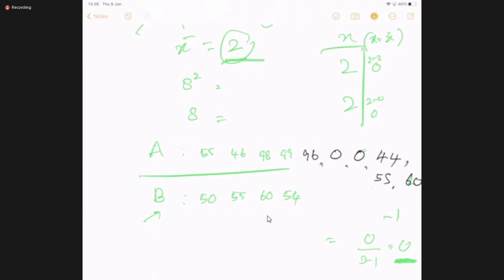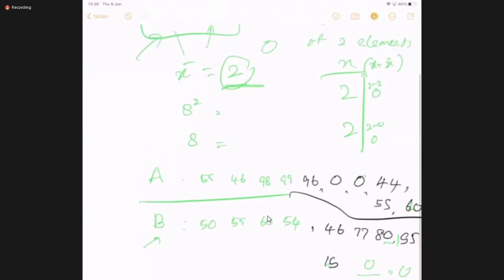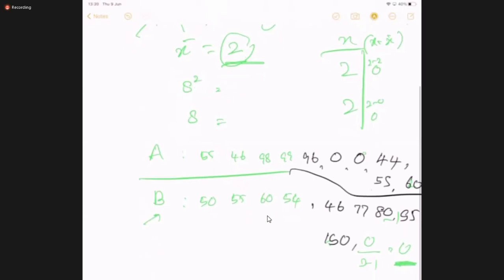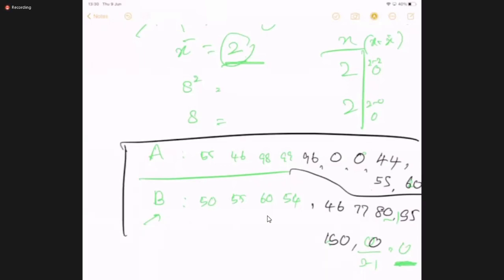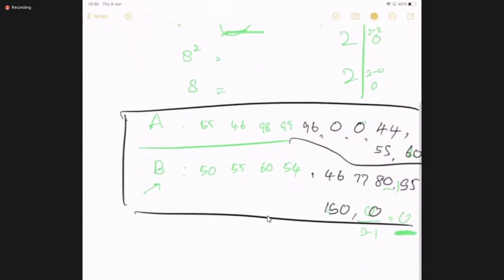Now player B has got 6, 77, 80, 95, and 0. Right. So these are the data you have. Now tell me which player is going to be the best player.